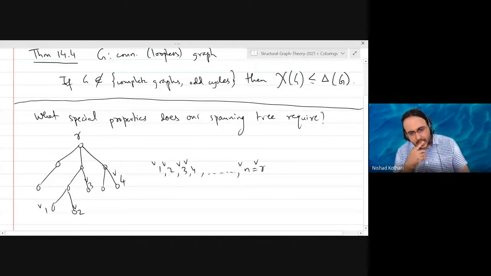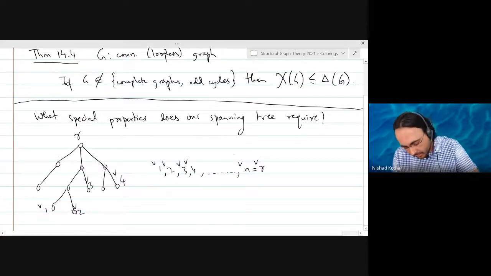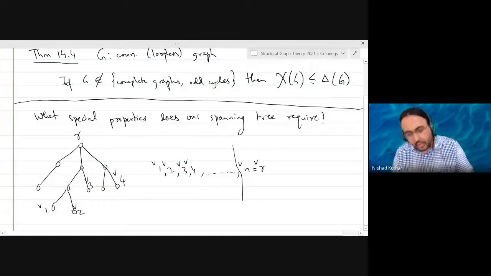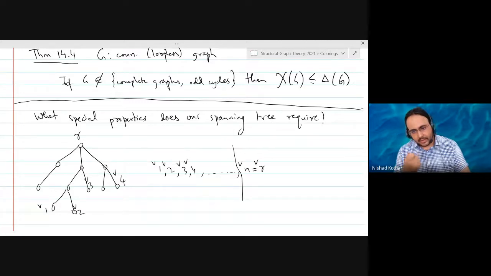Now you can get a coloring of your graph. For each vertex, you give the smallest color that is not used by its neighbors. And what we observed is that if you construct this kind of ordering from a spanning tree by removing leaves, you will never require more than delta colors until the last vertex.